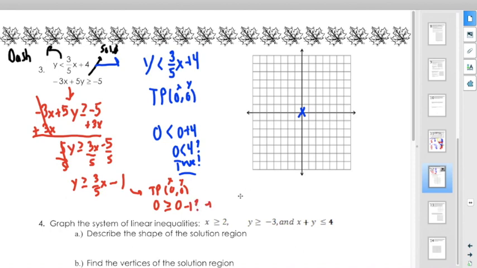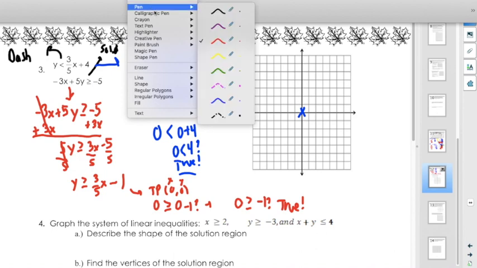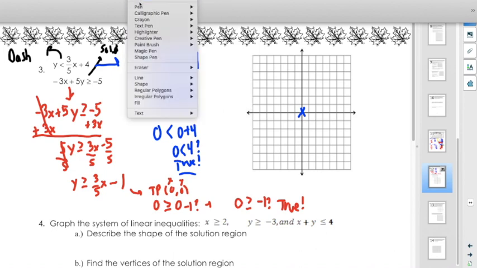Well, let's see. Is 0 greater than or equal to negative 1? Yeah. 0 is greater than negative 1. So that means I'm going to shade both of my solutions, both of my systems, towards my x here, towards my test point.